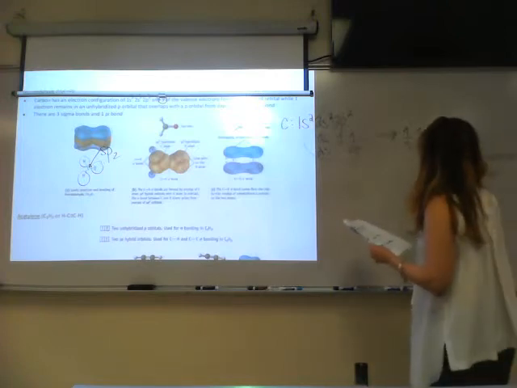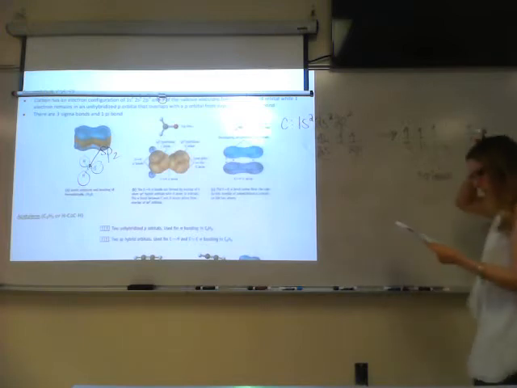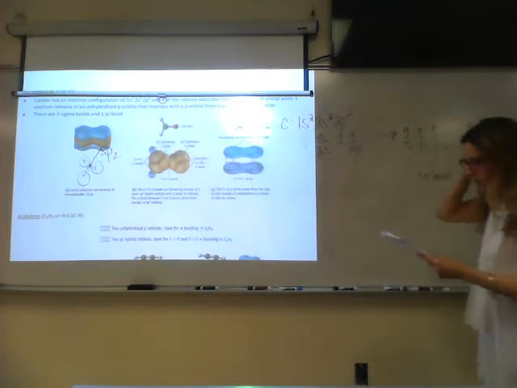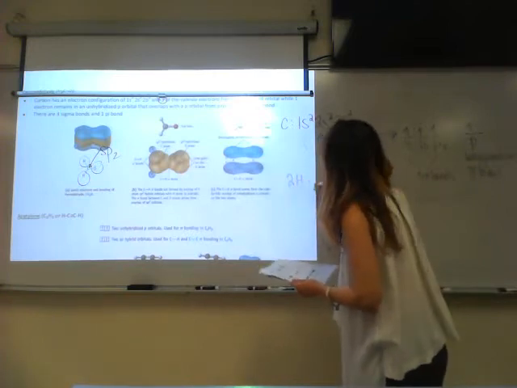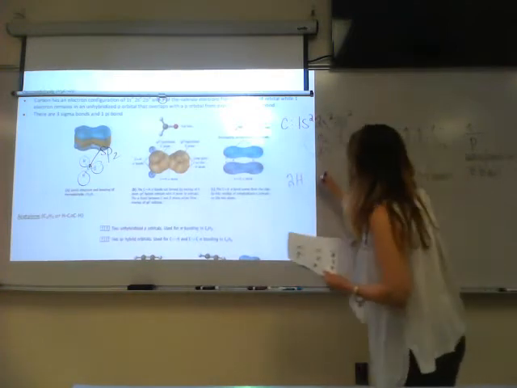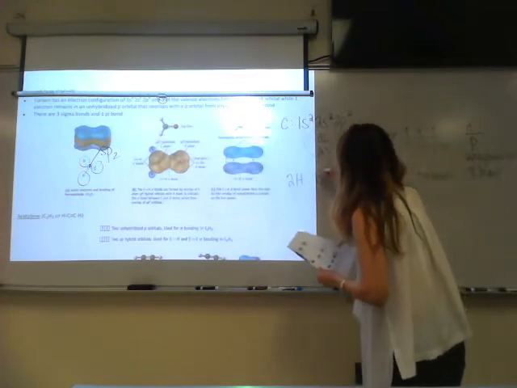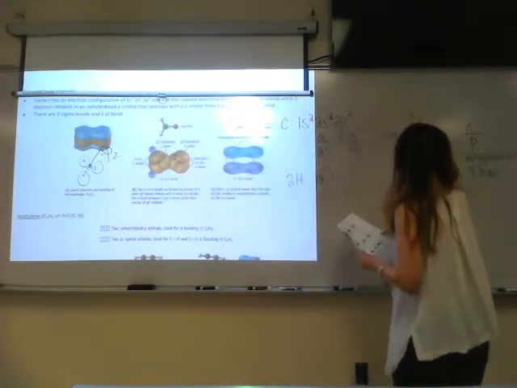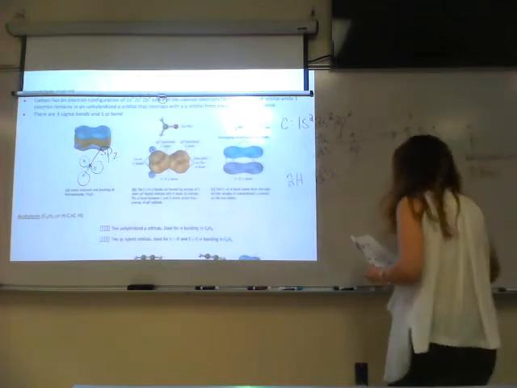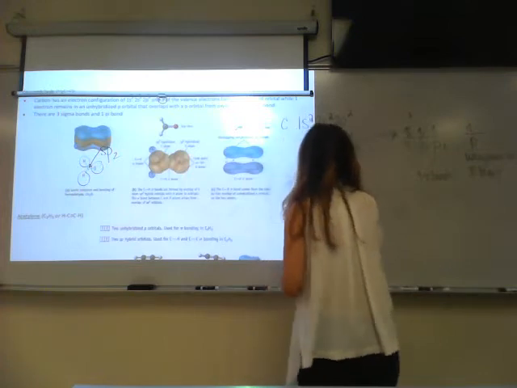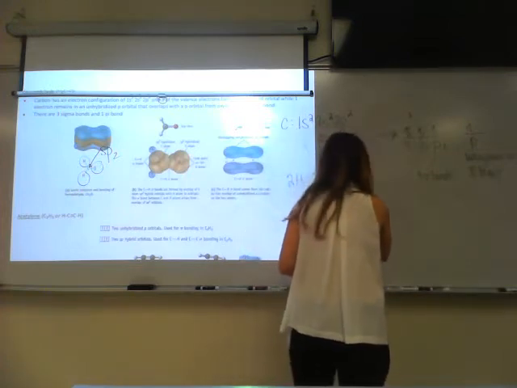So these are going to form your 3 sigma bonds. And you've got 2 hydrogens, so in 1s, this is going to come over here and give you that. And then you have your oxygen. Oxygen is 1s2, 2s2, 2p4.